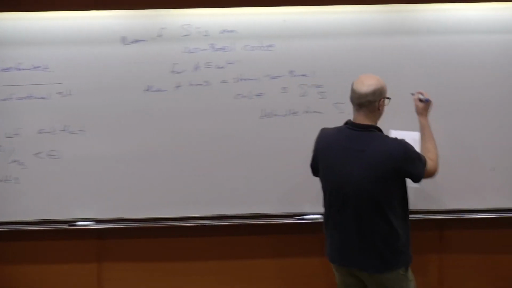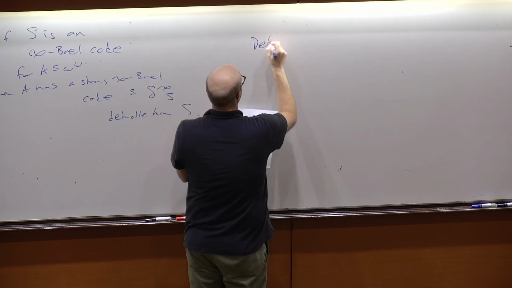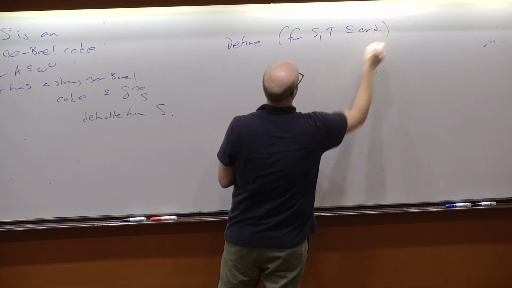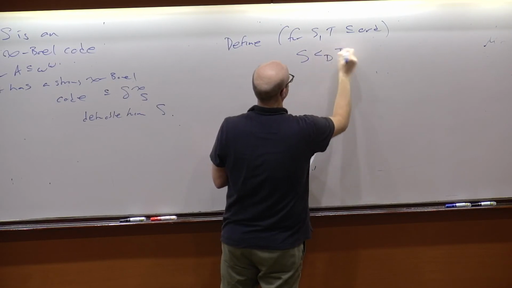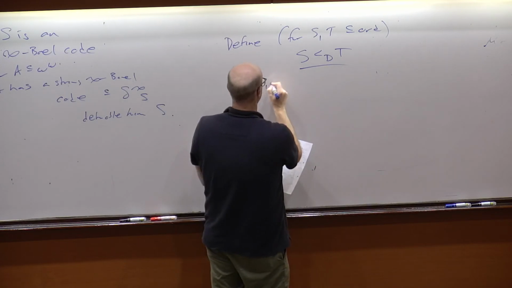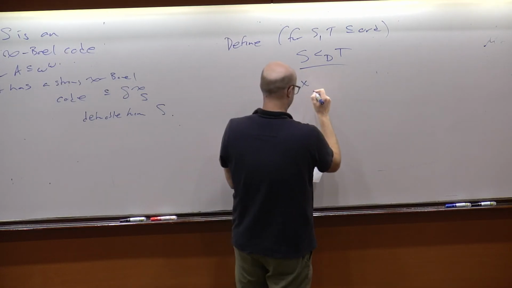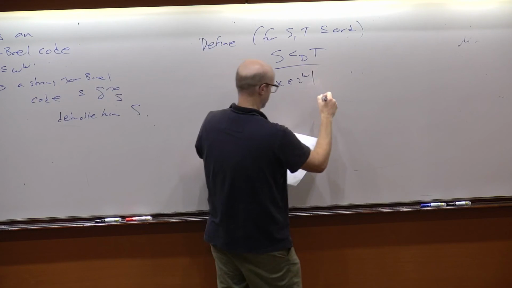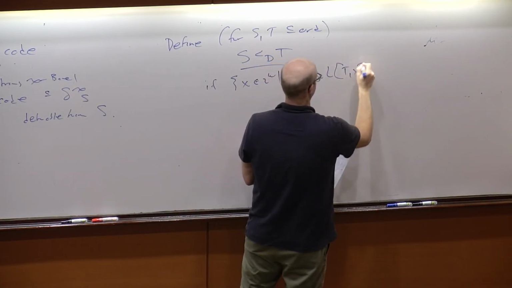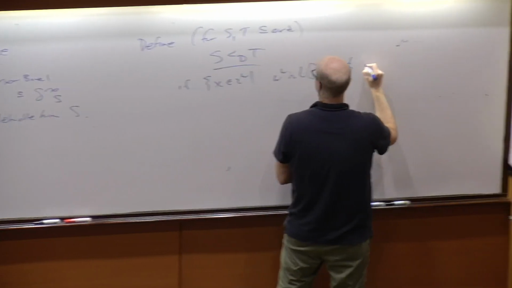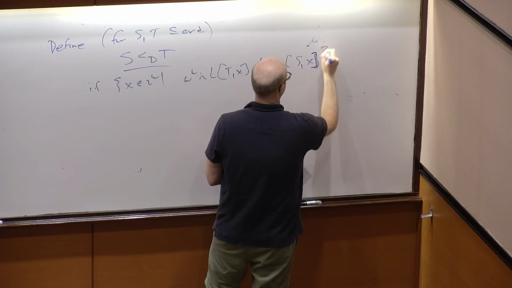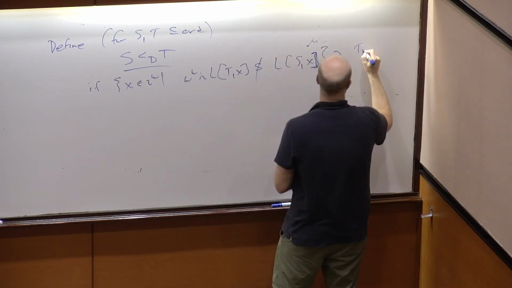One requires a definition. For S and T contained in the ordinals, we define S D below T. Really, S is a weaker degree notion than T if the set of X, in the Cantor space it doesn't really matter, such that the reals intersect L of T and X are not contained in L of S and X contains a Turing cone.